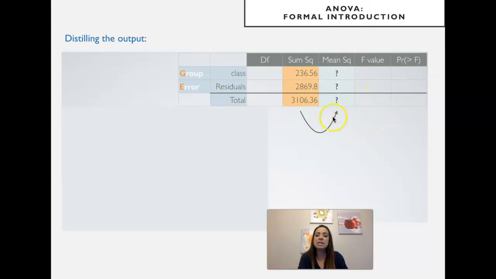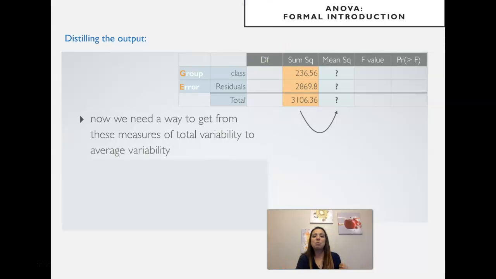Now, what's the mean squared? Well, as you saw, we just summed the variability and we didn't correct by anything. It's absolute values. We didn't average at all. So we need to average. And that's what we do with the mean squared error.